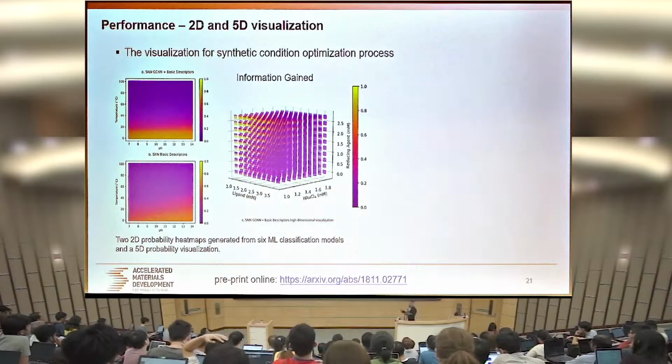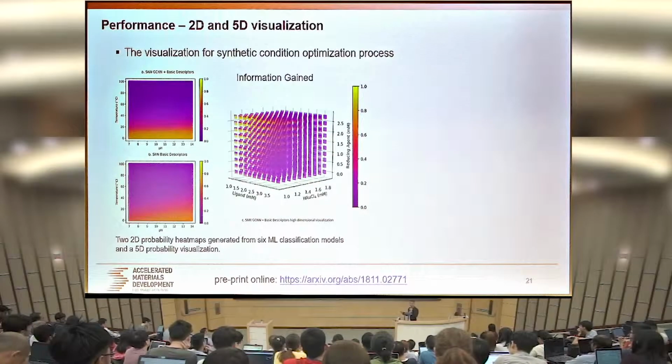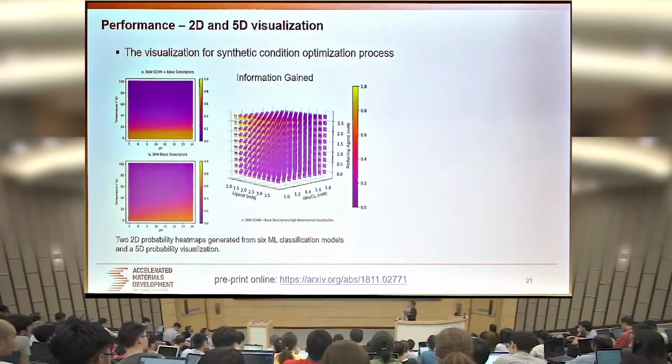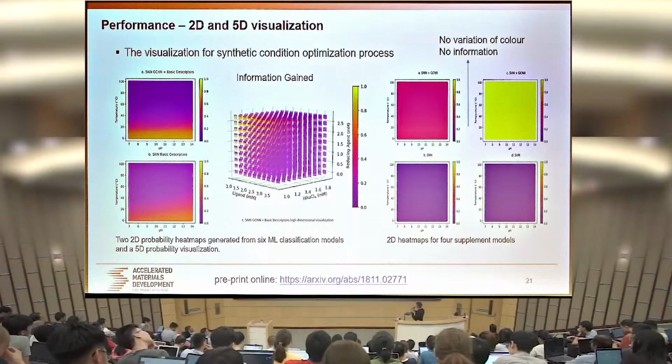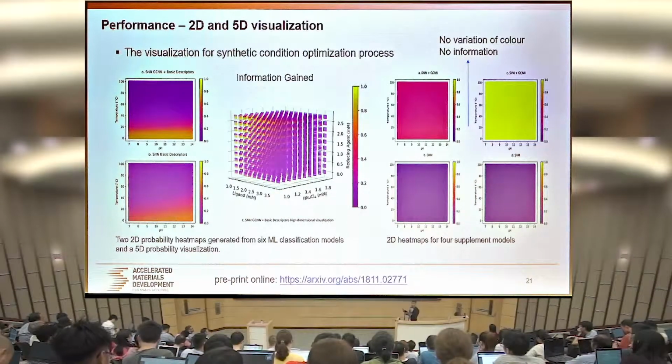There are more factors that affect it, but 5-dimensional is the highest dimension that can give a good visualization. This shows that this whole process is actually quite difficult for humans to predict, but a machine can actually do it. And this is for other models, the DNN and SVM. You see there is no color variation at all. It means no information has been learned by all these different classification models other than the GCN.